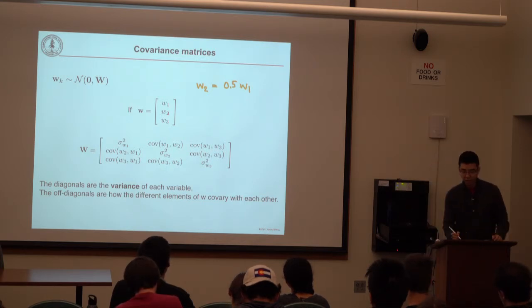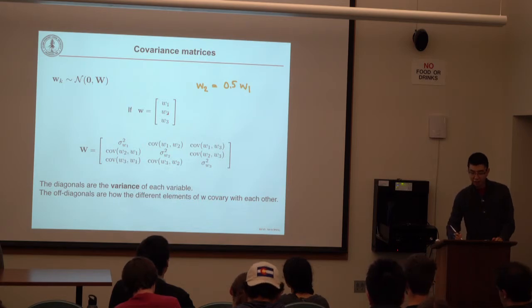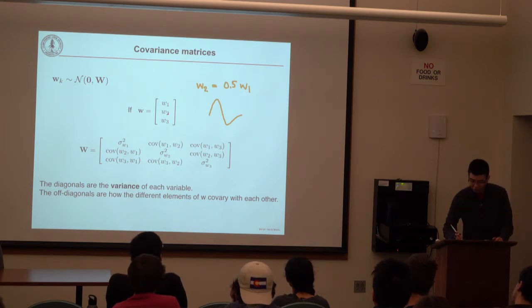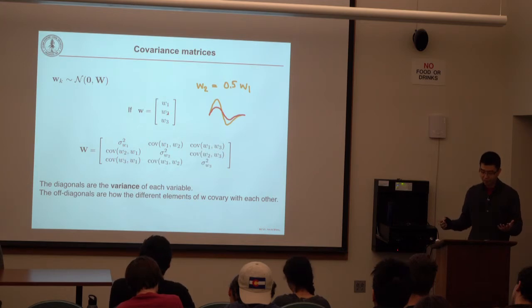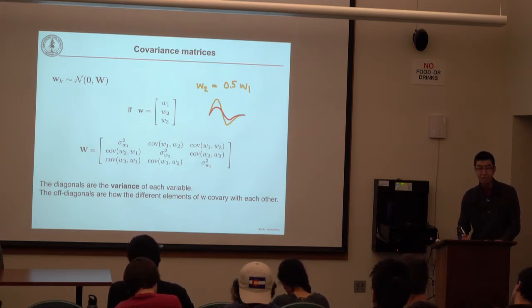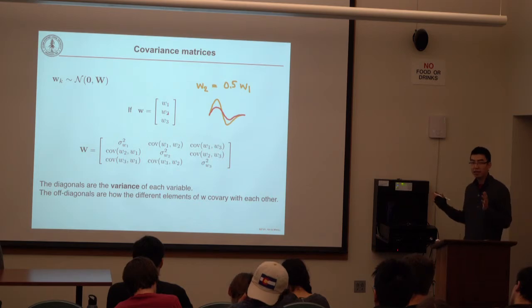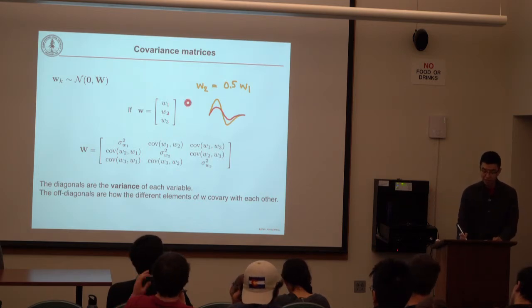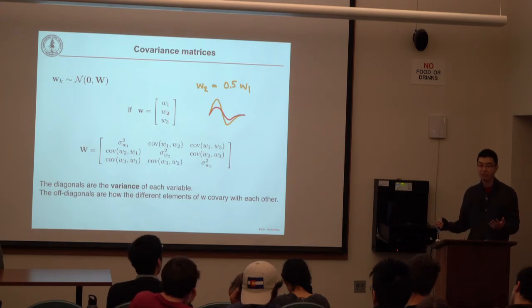If they're covarying in this way, and the first dimension's noise looks like this, then the second dimension's noise would look something like this, and they would be covarying with each other. That's why this matrix W also captures the covariance between the different dimensions. This matrix W is basically a very full description of the noise properties of each of these dimensions and how they covary with each other.